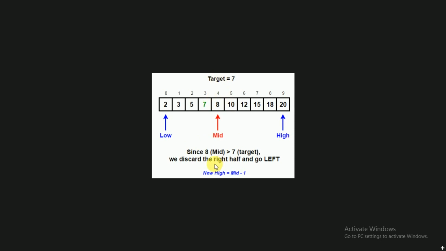After this, since 8, that is the mid element, is greater than 7, that is the target, we discard the right half and go to the left. Whenever you find the middle element, you check whether the key is equal to it. If it is equal, the search is successful. If not, you check whether key is less than mid.